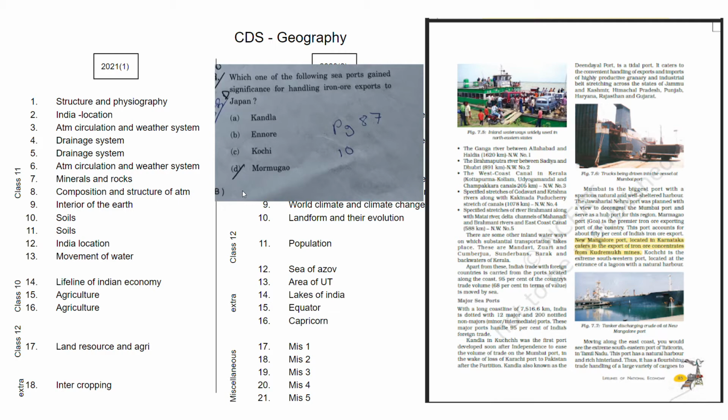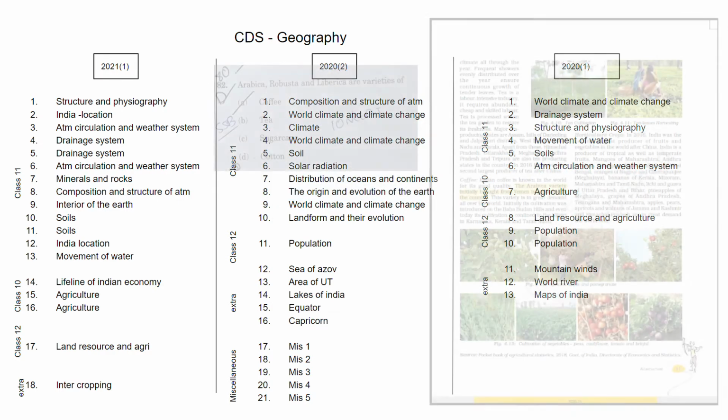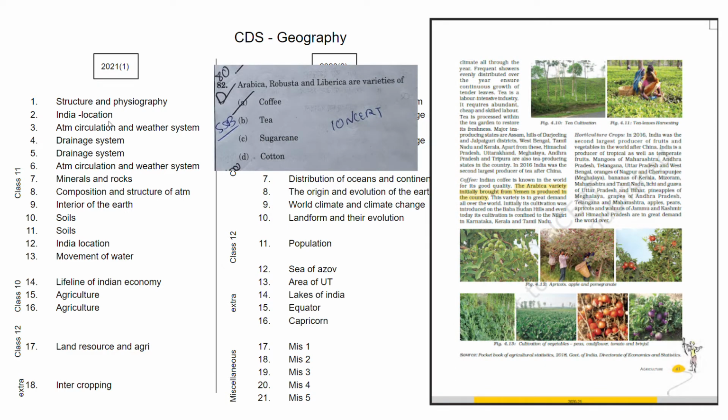Now coming to the next question 15, which is from agriculture, class 10th. Arabica and other varieties of coffee, these are all varieties of which plant? So the answer is coffee. Indian coffee is known in the world for its good quality.